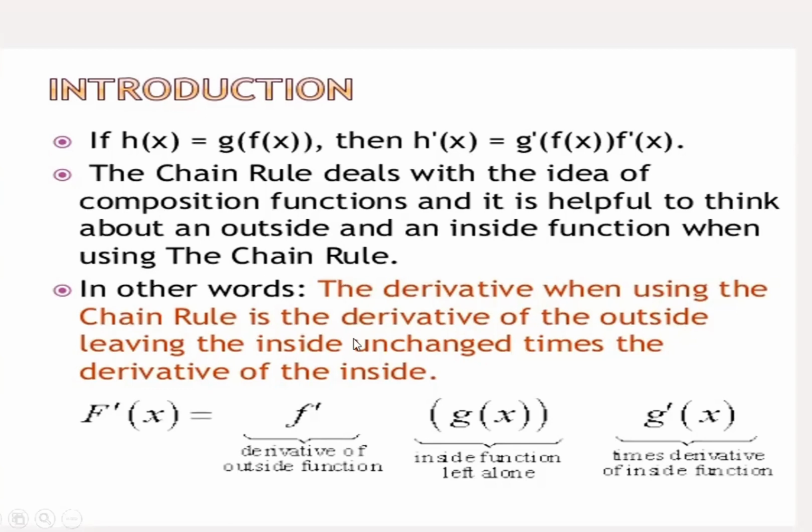In other words, the derivative when using the chain rule is the derivative of the outside, leaving the inside unchanged, times the derivative of the inside function. So f prime of x is equal to the derivative of the outside function, with the inside function left alone, times the derivative of your g of x.